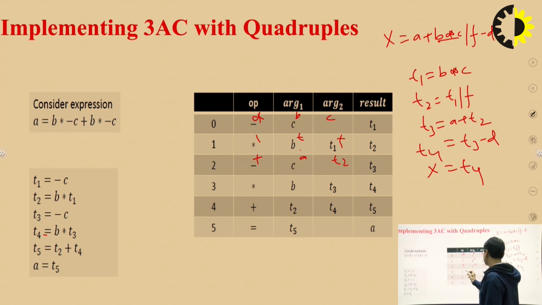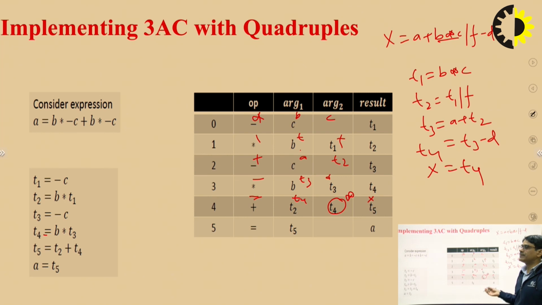Then again you put minus, then T3, then D, T4 here. Then again you put equals, here T4 and here X, and this will be blank. So this is the quadruple. What is the benefit of this quadruple?